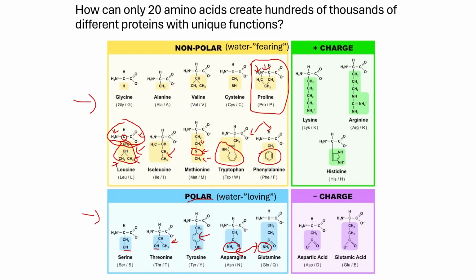So we have polar uncharged, we have nonpolar uncharged, and the last two that we have are charged amino acids. There are positively charged ones. There are only three: lysine, arginine, and histidine. Lysine, arginine, and histidine all have these positive charges at the end of their R groups. This allows them to create salt bridges, ionic bonds, and things of that nature.